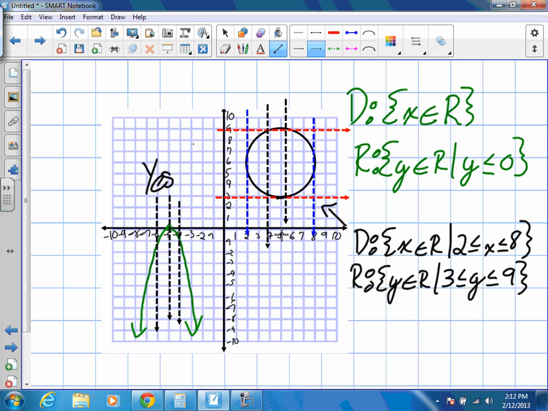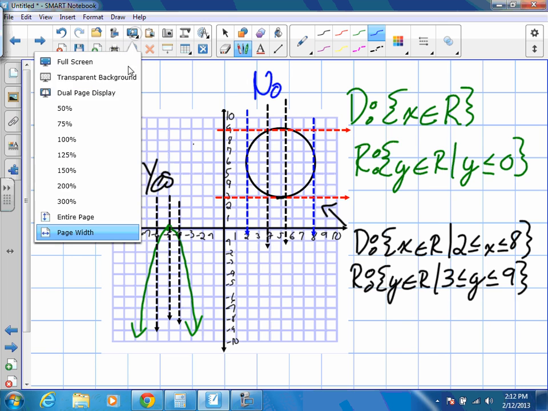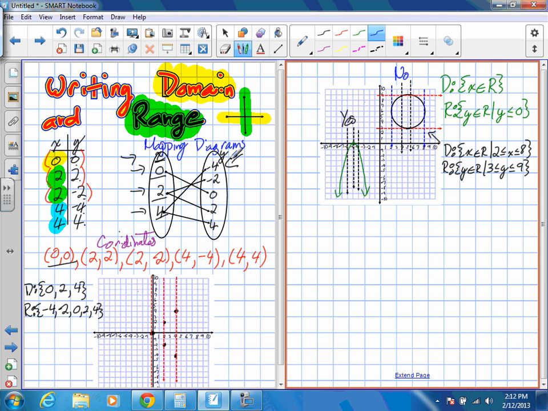It's definitely hitting it twice. So no, this is not a function. Okay? So we've gone over domain and range and whether something is a function or not. It's probably best if you're given something like a map in the style of a mapping diagram or coordinates to put it on a graph and check using vertical line test if something is a function.